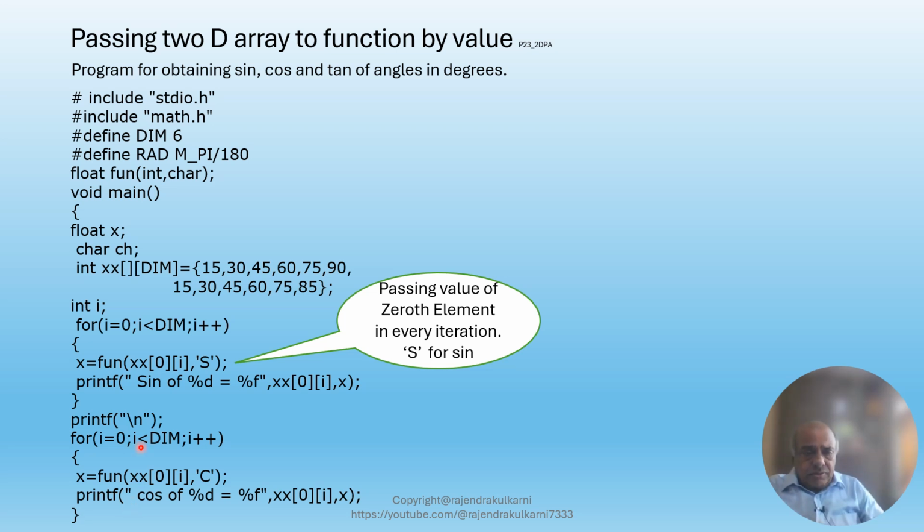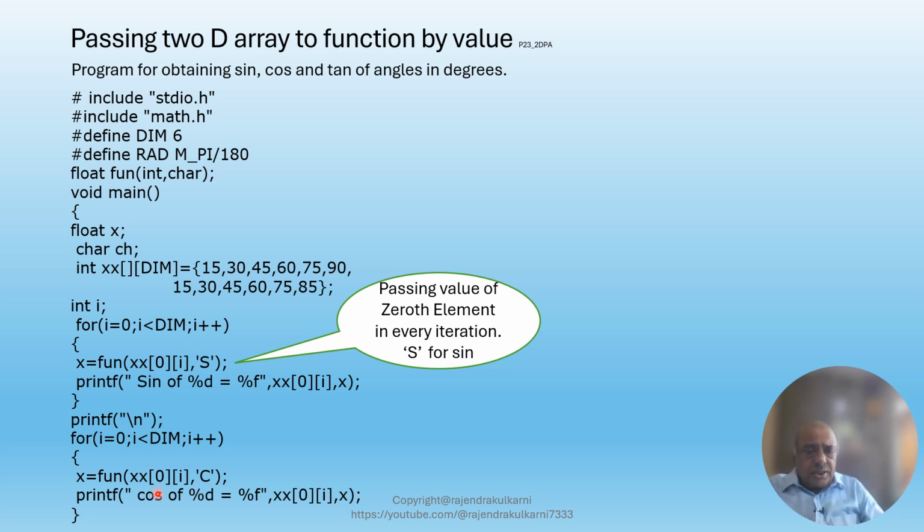So in every iteration of the for loop, one of the values represented by the element number given by 0 and i will be passed. Its cos will be calculated and it will be returned, collected by x, and then displayed by this printf statement.